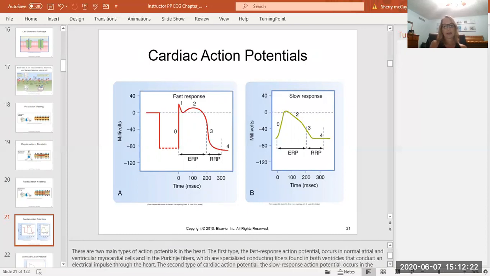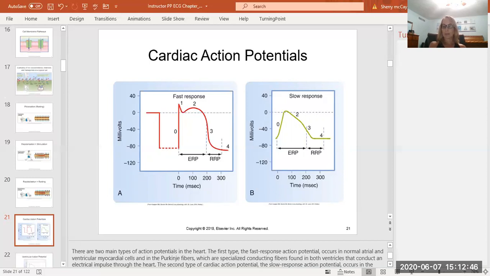There are two main types of action potentials in the heart. The first type is the fast response action potential. It occurs in normal atrial and ventricle myocardial cells and in the Purkinje fibers, which are specialized conducting fibers found in both ventricles that conduct an electrical impulse through the heart.